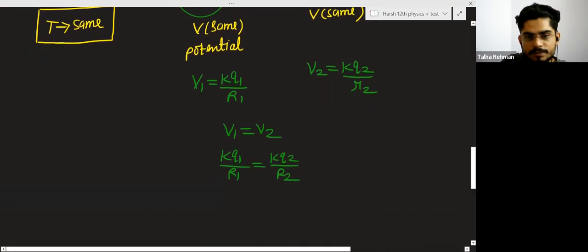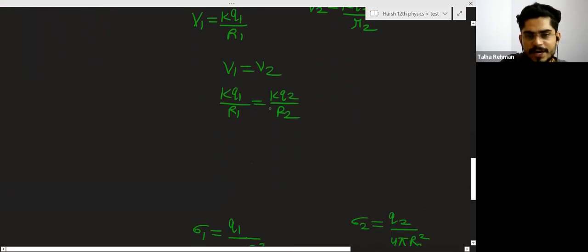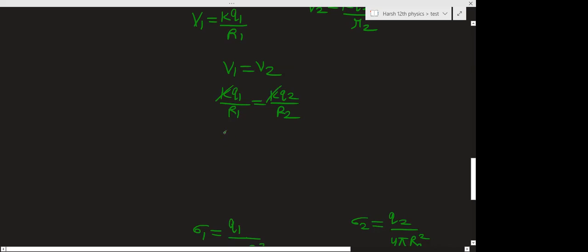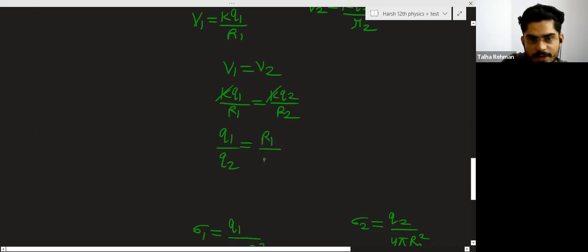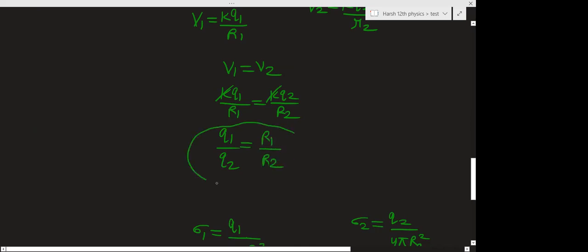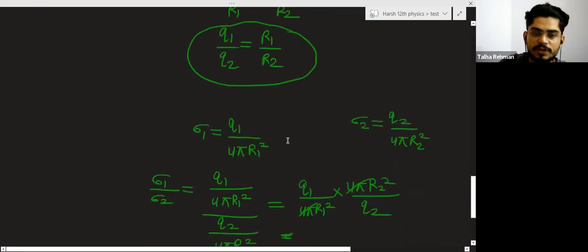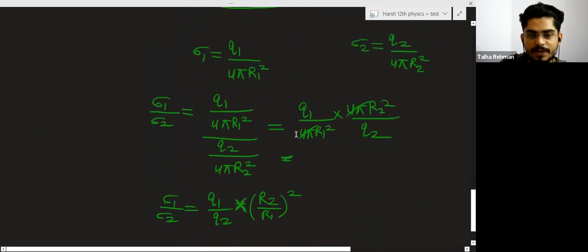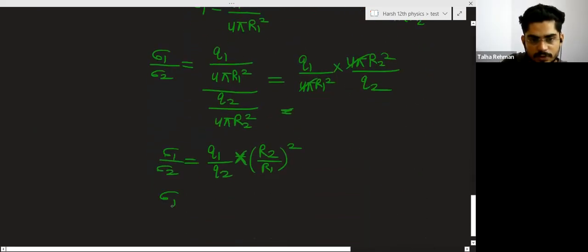K cancels out, so from here we can find q1 by q2, which becomes r1 by r2. So we will put the value of q1 by q2 as r1 by r2 in sigma 1 by sigma 2.